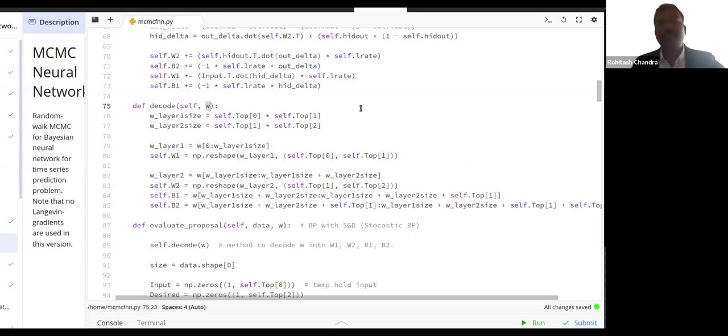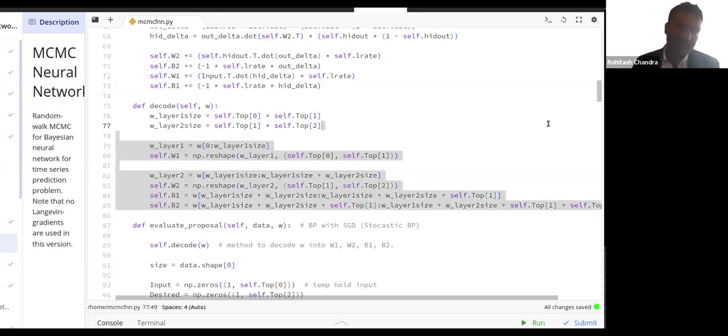Assume that they are flattened, and then you break them away into smaller pieces, right? And then decode and then encode into weight 1, weight 2, bias 1, and bias 2. So this is what the code is.